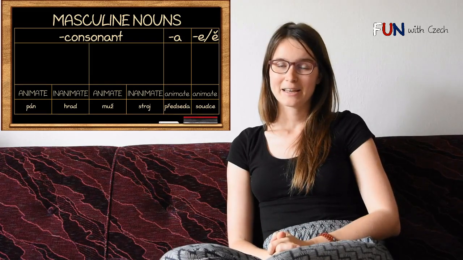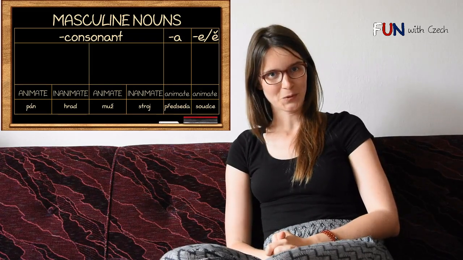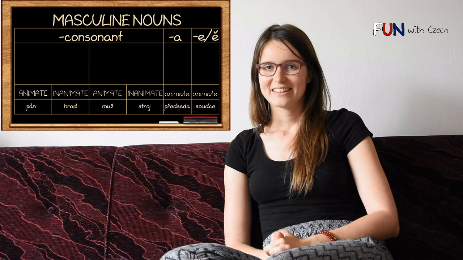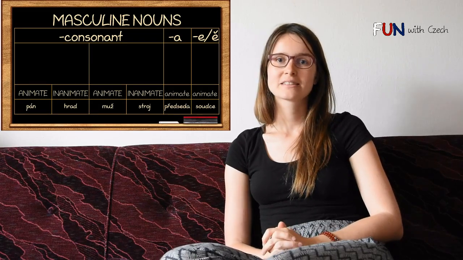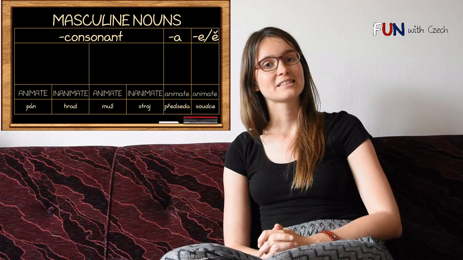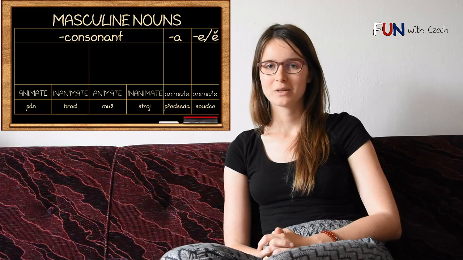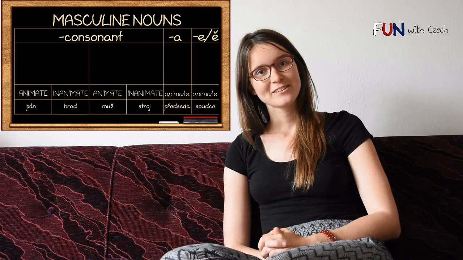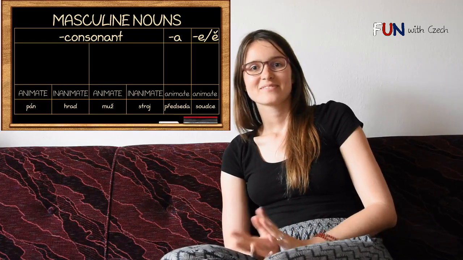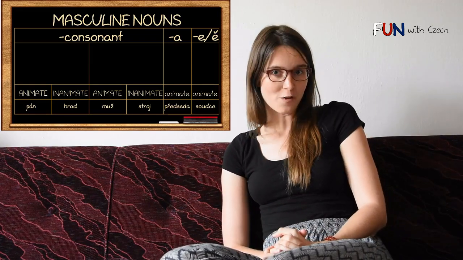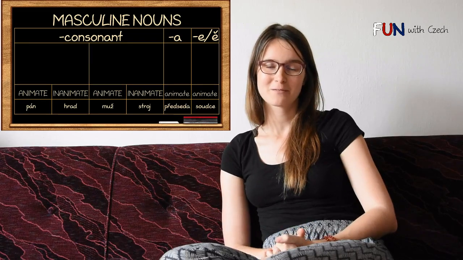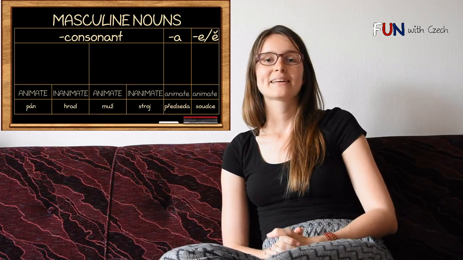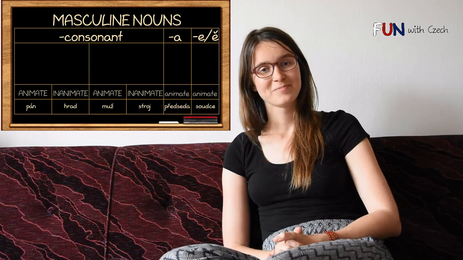And the second thing we have to pay attention to are the endings. Again, the consonants that work as the endings. I have already mentioned when speaking about the feminine nouns that the Czech consonants can be soft, like the ones that we were using with the feminine nouns, but they can also be hard.